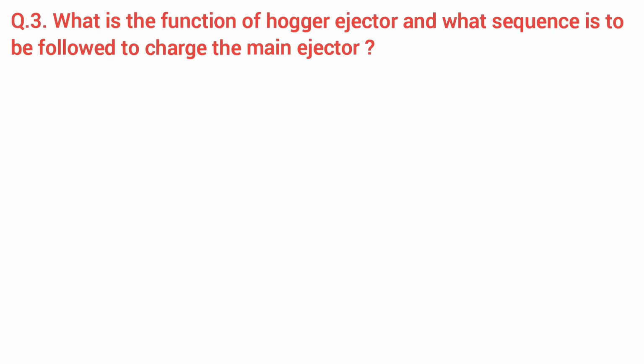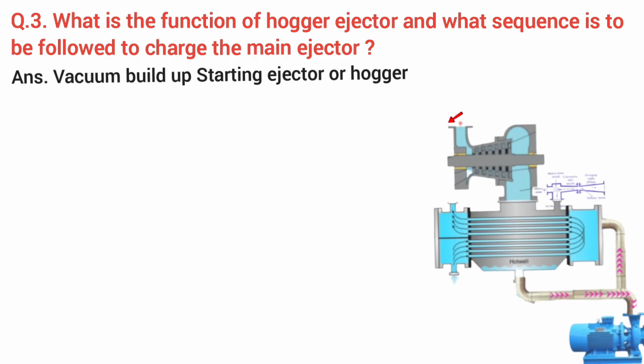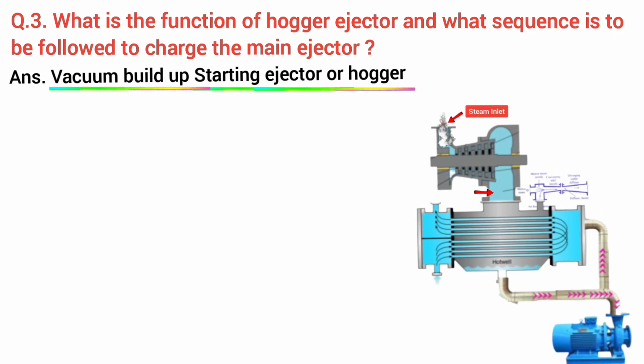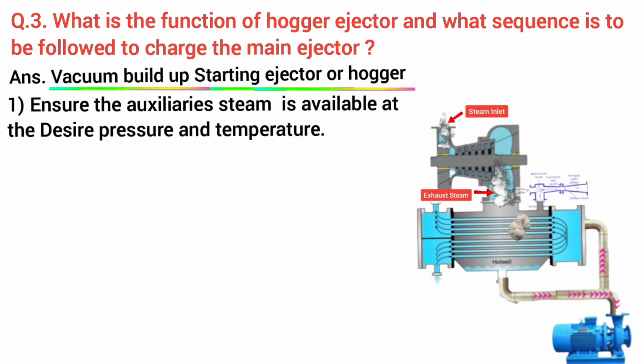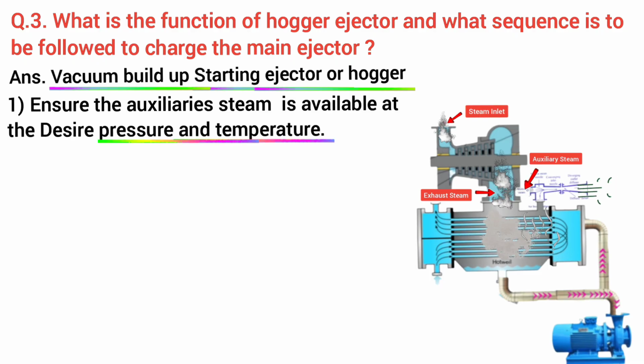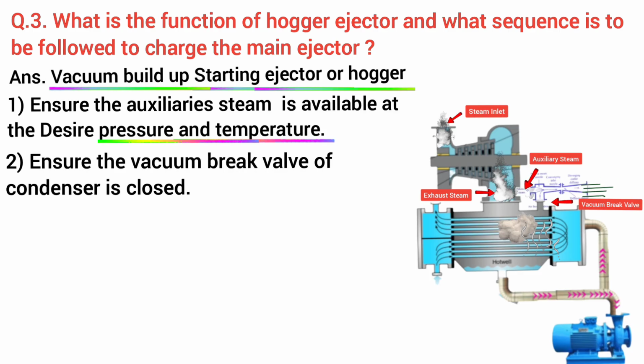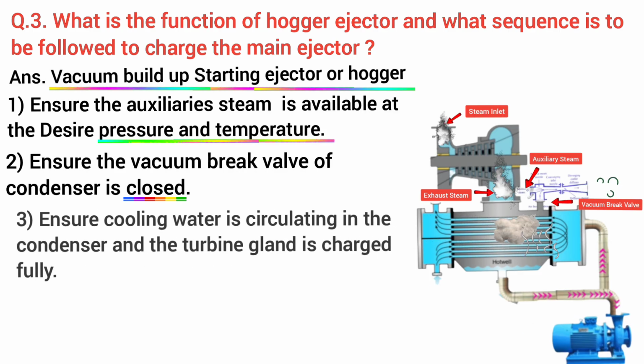What is the function of the hogger ejector and what sequence is to be followed to charge the main ejector? Vacuum build-up, starting ejector or hogger. 1. Ensure the auxiliary steam is available at the desired pressure and temperature. 2. Ensure the vacuum break valve of the condenser is closed. 3.